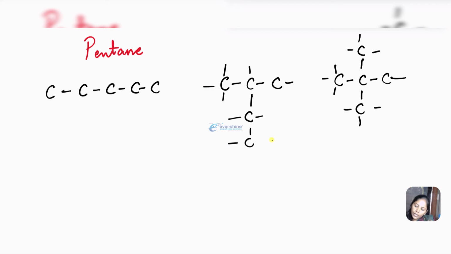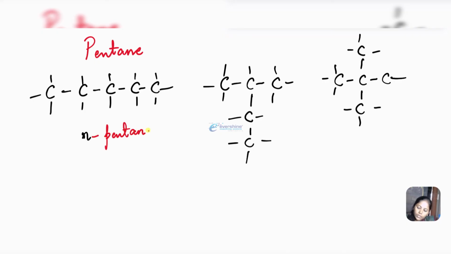If it is a straight chain, it is called normal pentane. If it has a branch on one side, it is called isopentane. If it has branches on both sides, it is called neopentane.